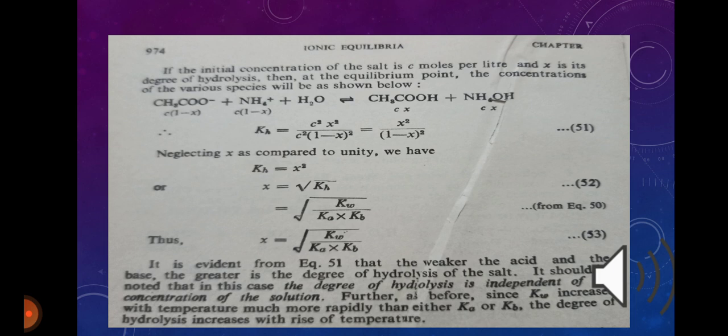Further, since Kw increases with the temperature, as the temperature increases the dissociation of water increases much more rapidly than K alpha and Kb, so the degree of hydrolysis increases with the rise of temperature.